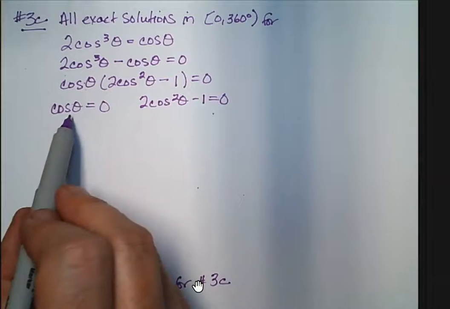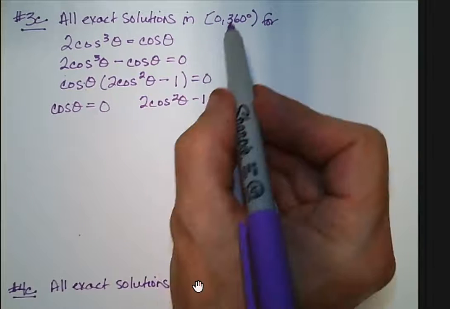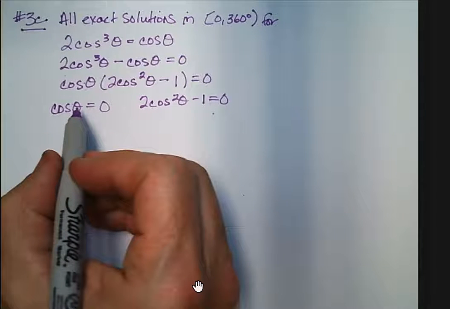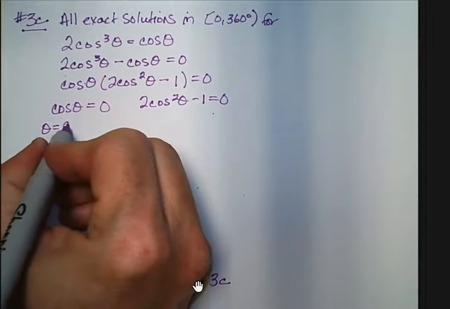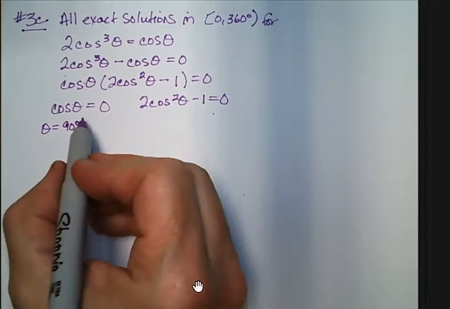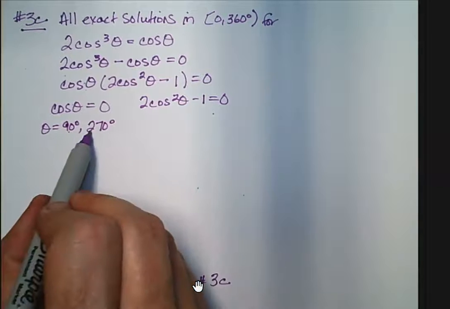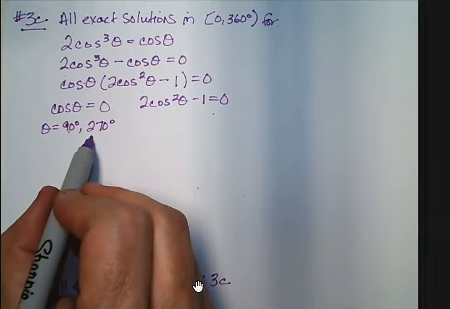We want to think about where cosine is equal to 0 in this interval. Well, that would happen at 90 degrees, and it would also happen at 270 degrees. So these are two of our solutions.